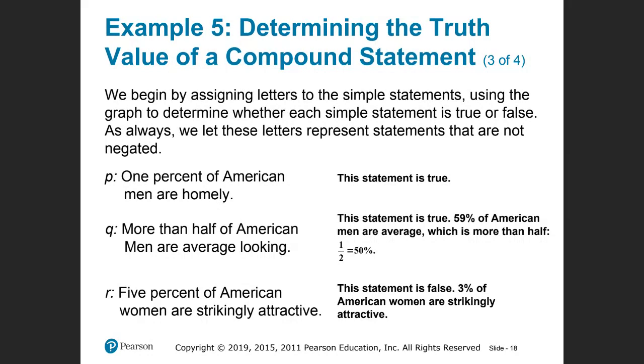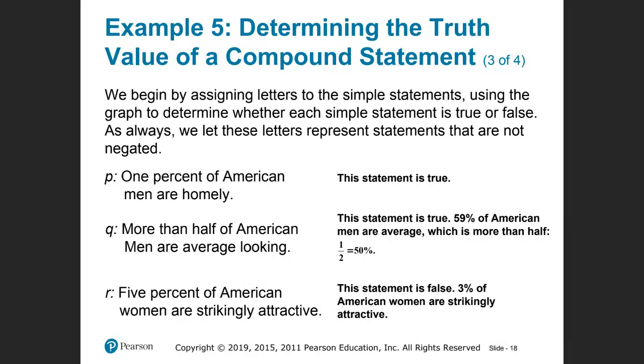So we begin by assigning letters to each simple statement, and we use the graph to determine whether these statements are true or false. Okay, so we're going to let P be 1% of American men are homely. Q, more than half of American men are average looking. And R, 5% of American women are strikingly attractive. P, Q, and R represent the simple statements in the problem. So for P, if we look back at the graph, 1% of American men are homely.